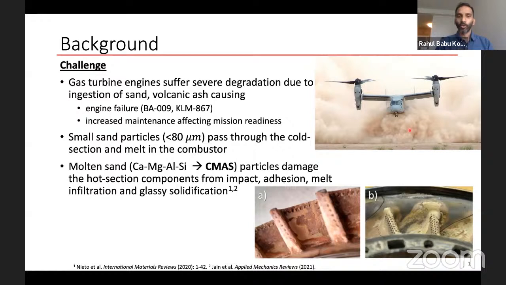What we know already is that these molten particles impact the hot section components. There is adhesion, which is followed by infiltration of the molten material, and once it has infiltrated, it solidifies and causes mechanical failure. Here you can see sand deposition in the turbine blades, and this is in the vanes of the turbine, shown here.